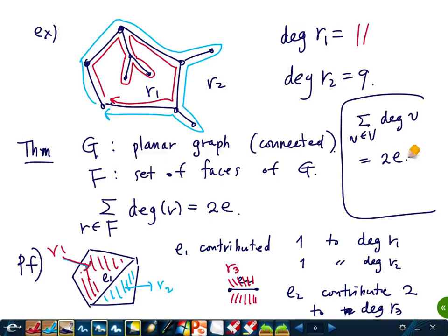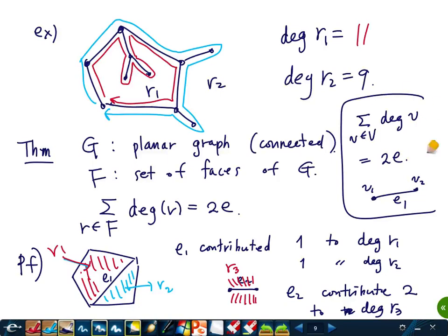And the proof is basically the same, because when we have an edge E1 with endpoints V1 and V2, then E1 will contribute 1 to each of their degrees.